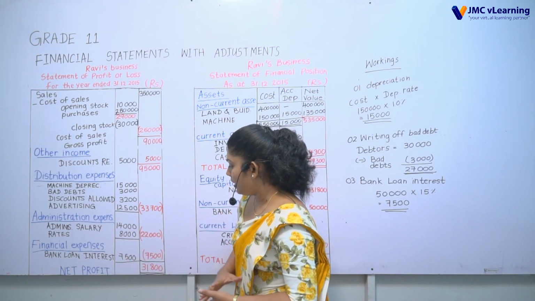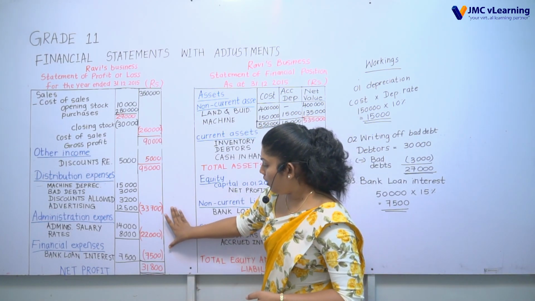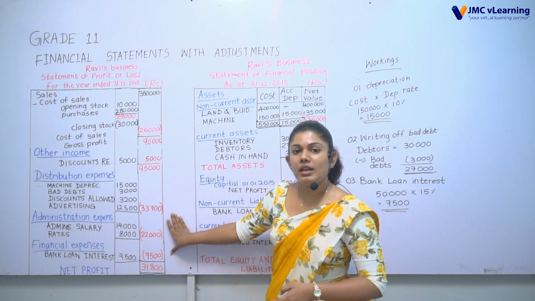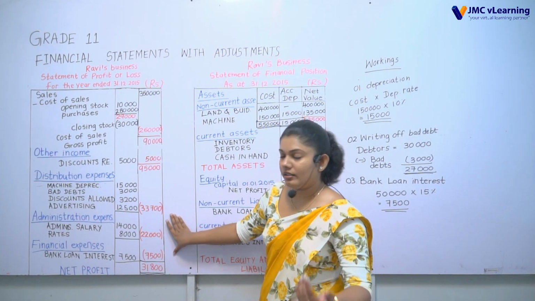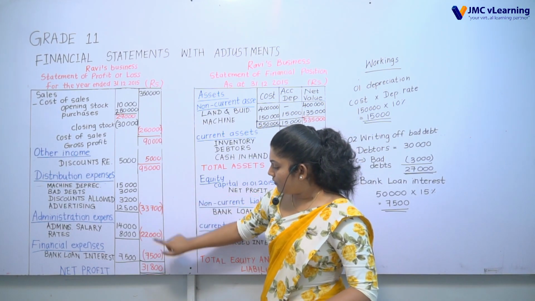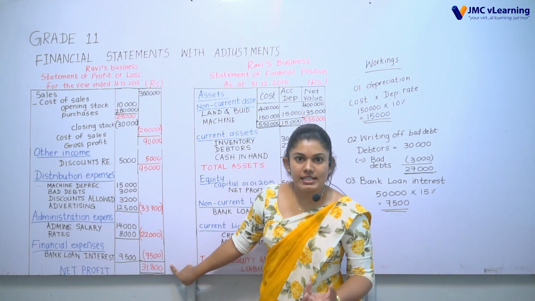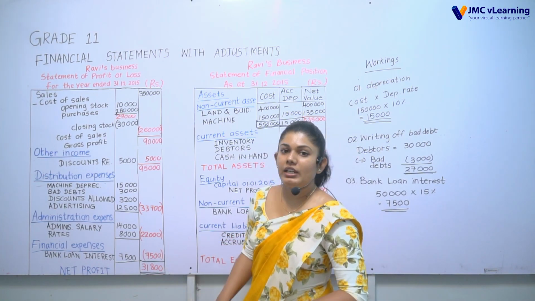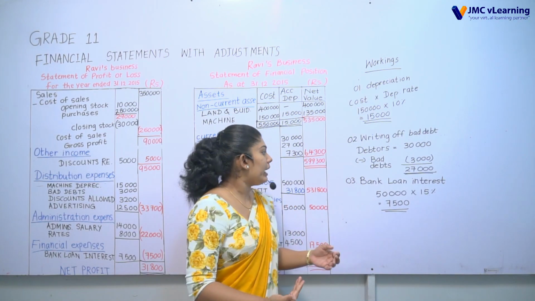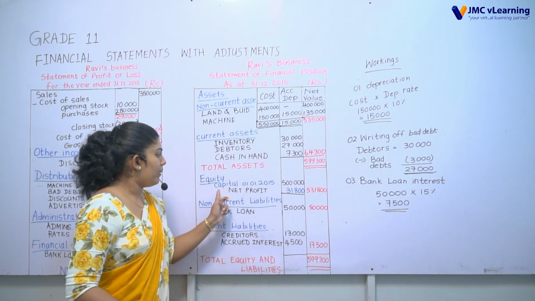Financial expenses, we only have bank loan interest which is 7,500. All of these expenses must be deducted from this 95,000. Therefore, we are getting a net profit of 31,800.